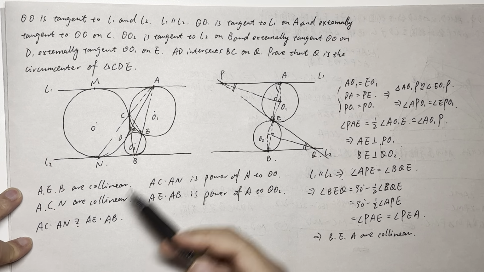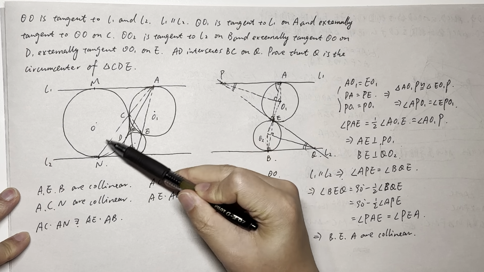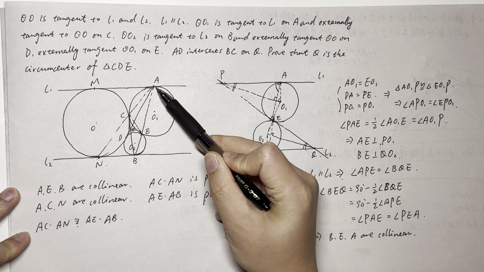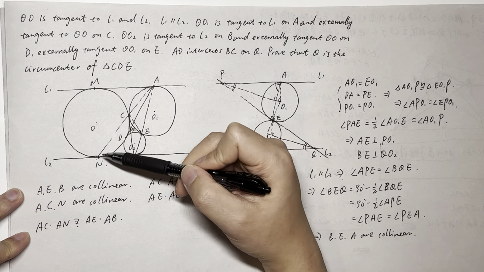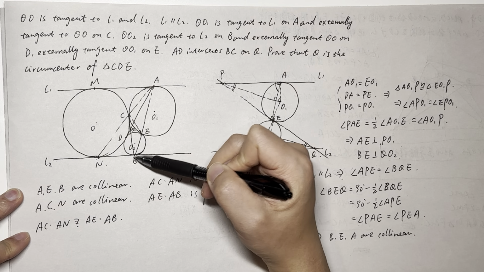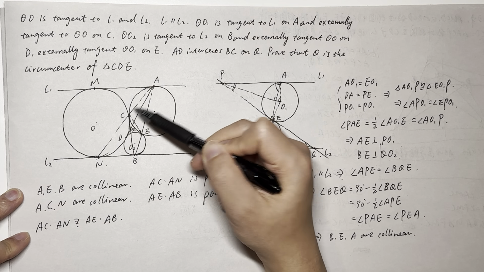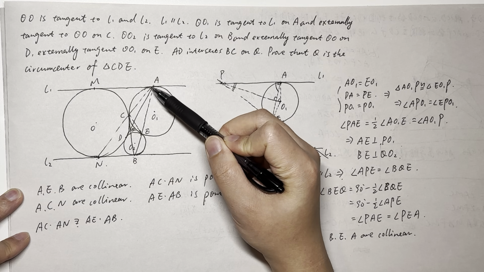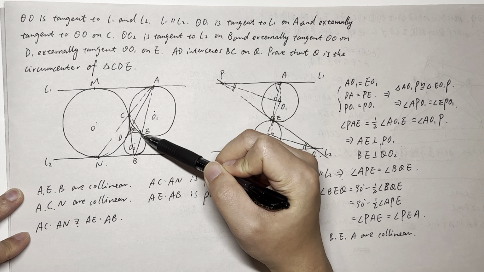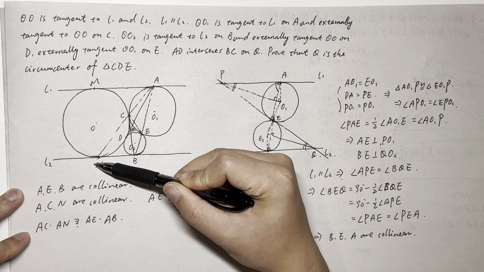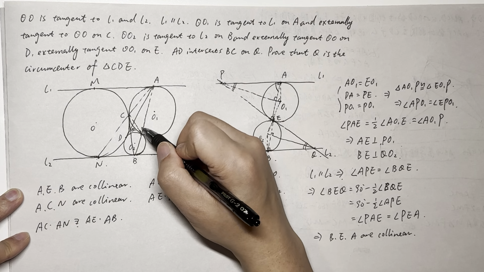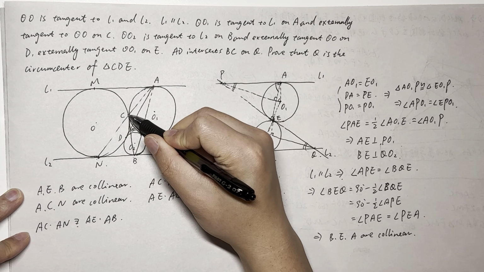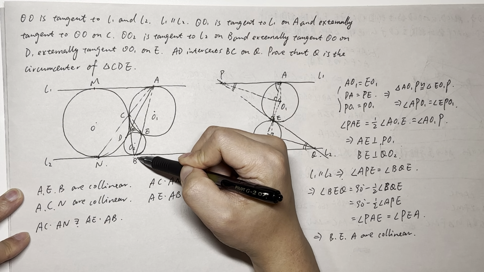So we want to prove that AC times AN equals AE times AB. We already know that angle NAB equals angle EAC, right? That means we just need to prove triangle ACE is similar to triangle ABN, which means we just need to prove angle AEC equals angle ANB.